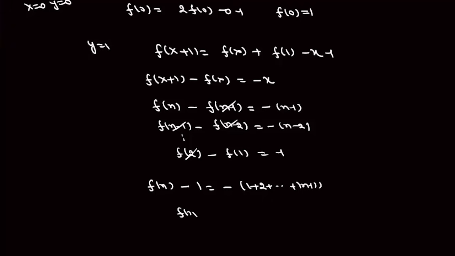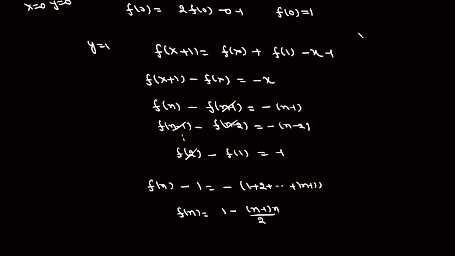It'll be -(1 + 2 + 3 + ... + (n-1)). So f(n) will be 1 minus the sum of the first n-1 natural numbers, so it'll be 1 - (n-1)n/2. Now we need to find the number of solutions of f(n) = n.